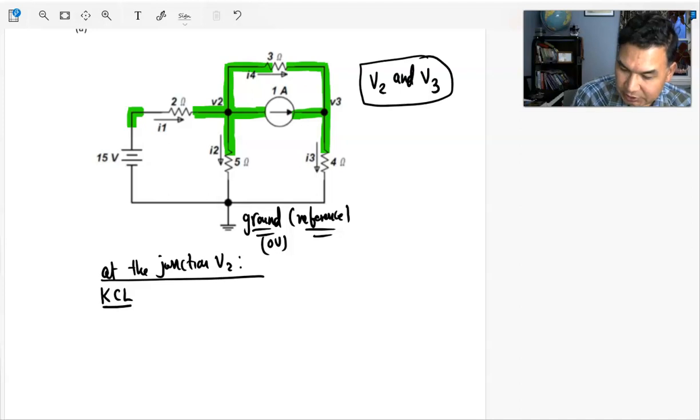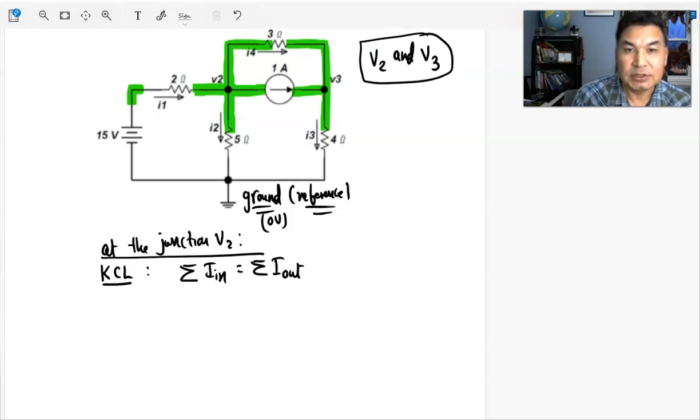Kirchhoff's current law simply says that at any junction in a circuit, the total current entering the junction must be equal to the total current going out of the junction. The electrical charges cannot accumulate at any point.